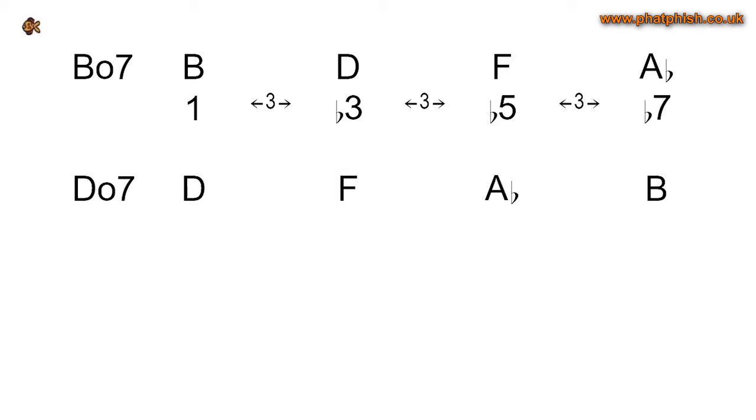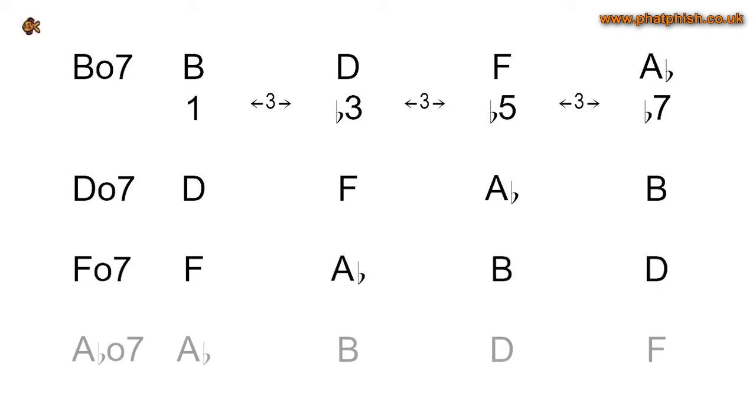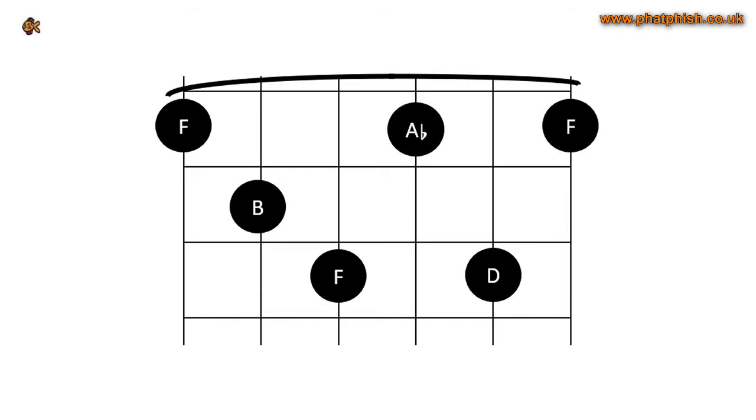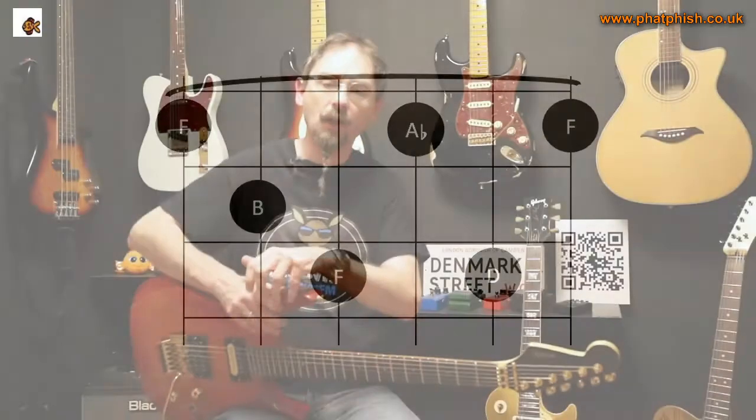It could also be the same shape that we use for an F diminished chord, F, A flat, B and D, or an A flat diminished chord, A flat, B, D and F. So just something to bear in mind when you're looking at the chord shape. Once you've learned the shape for one diminished chord, you actually know the shape for 4.